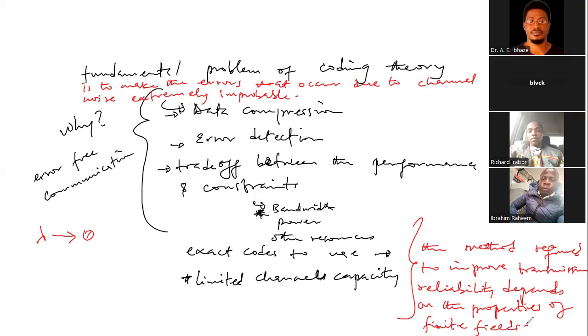So if the problem of coding theory is to reduce the probability of error to some arbitrarily small value, then the method we need must depend on the properties of finite fields, because how we are able to manipulate this alphabet, which happens to be elements of this finite field, matters.